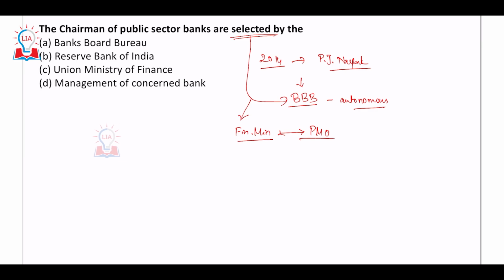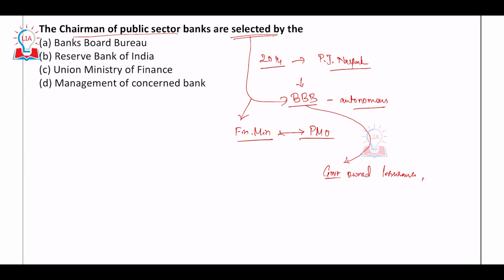So this Bank Board Bureau does not only select the chairman of public sector banks. It also does some other work as well. It was in news back then. It also does the work of recommending personnel for appointment as directors in government owned insurance firms like LIC, right?